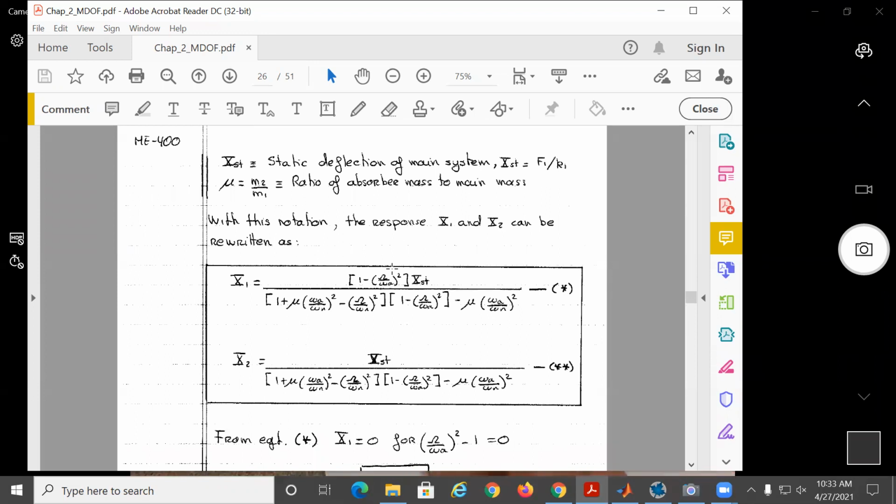Really what I'm interested in is the denominator, 1 plus mu, times omega n over omega sub a squared, minus capital omega over omega sub n squared, times 1 minus capital omega over omega sub n squared, minus mu, omega sub n over omega sub a squared.